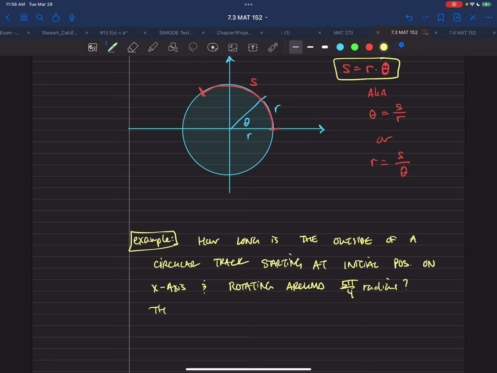Oh, and the track is, let's say, 200 feet across.